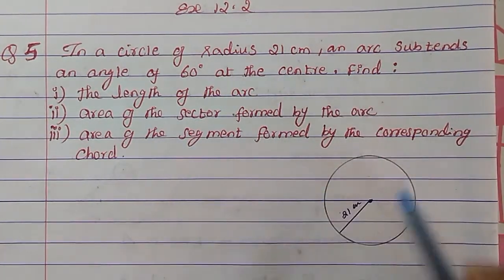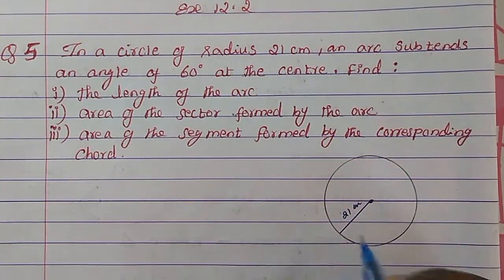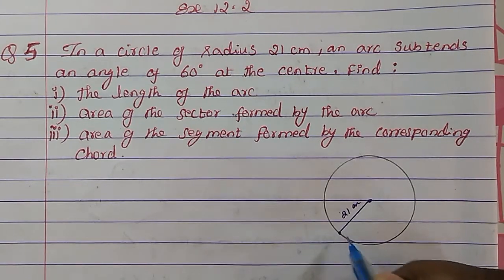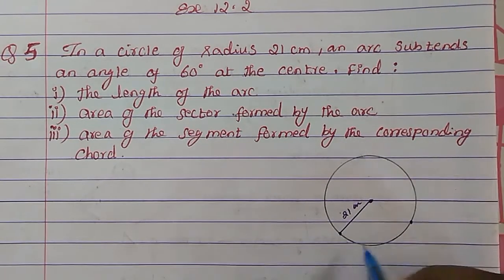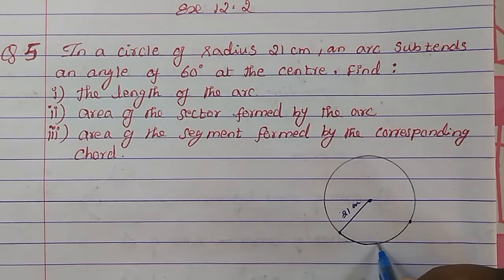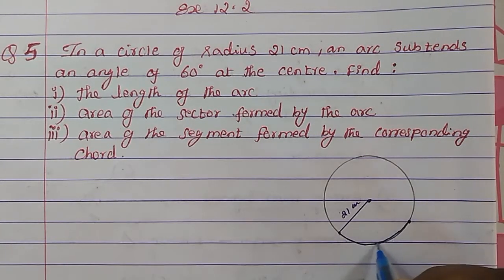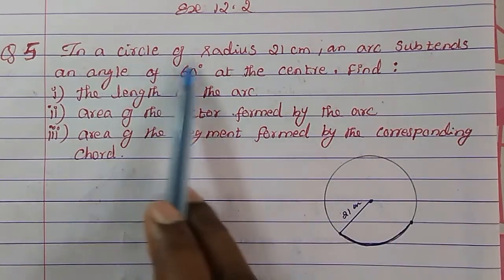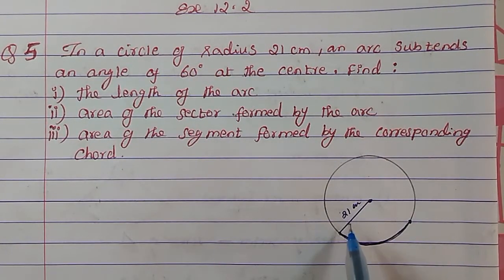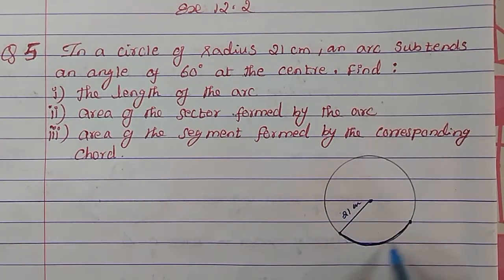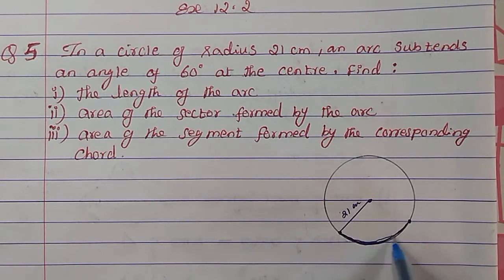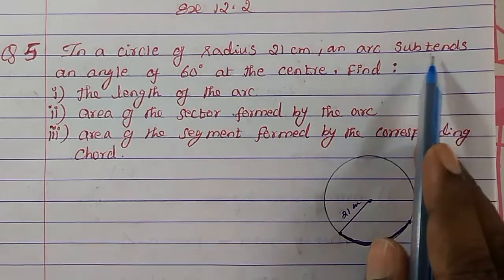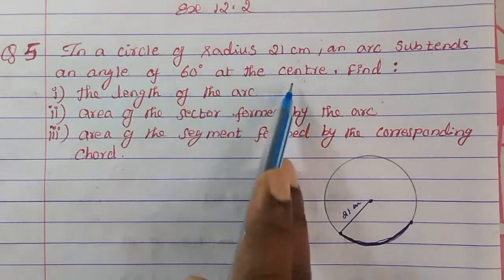So an arc means here any one part. Maybe we can take a point from here and from here. This much we call an arc. So in a circle of radius 21 centimeter, this arc subtends an angle of 60 degree at the center.